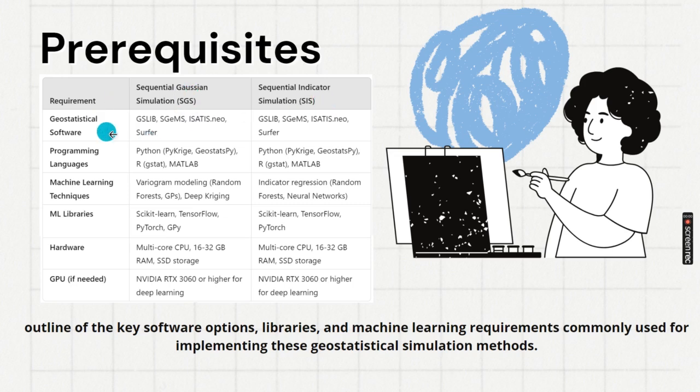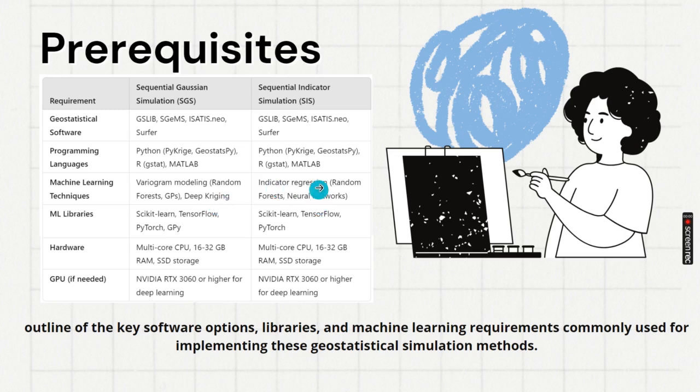Firstly, if we see the software requirements, SGS is mainly performed with GSLIB, SGeMS, iStats, NeoSurfer. The same software can be used for SIS as well. Now, programming languages, if we see, also do not have much difference. Machine learning techniques, variogram modeling, deep digging.